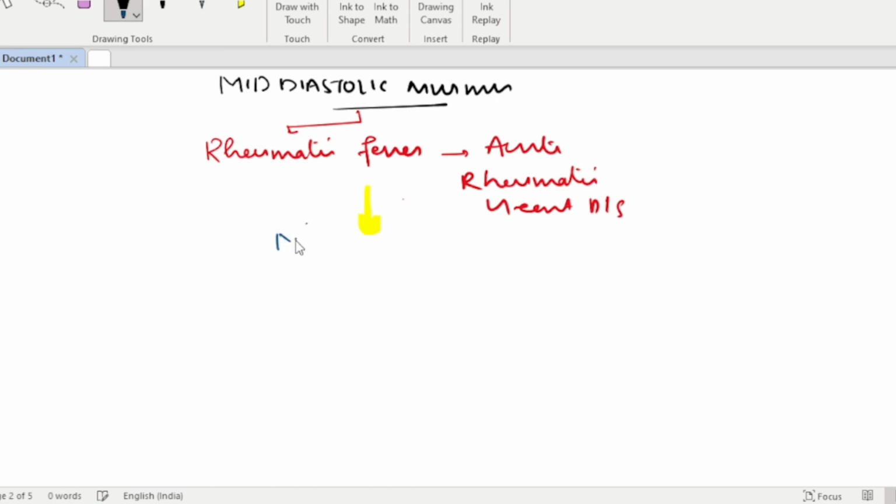Ultimately, it is the mitral valve which is getting affected. Whenever there is acute rheumatic fever, it inflames the mitral valve transiently. Transiently means for a short time.